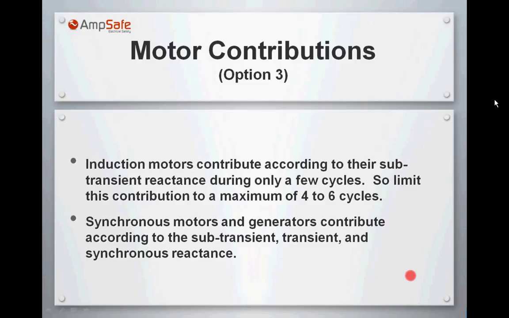Okay. Now, synchronous motors are a little bit different because they can contribute for longer than 4 to 5 cycles. They can contribute in different regions. They have the sub-transient reactance, like the induction motors, but also they have the transient and then the synchronous reactance.